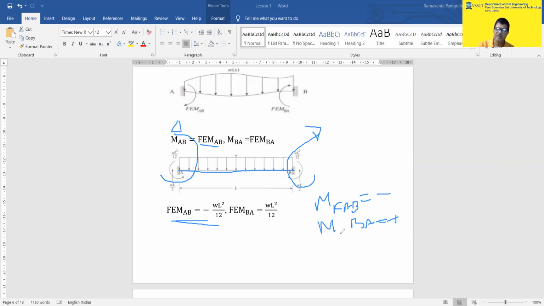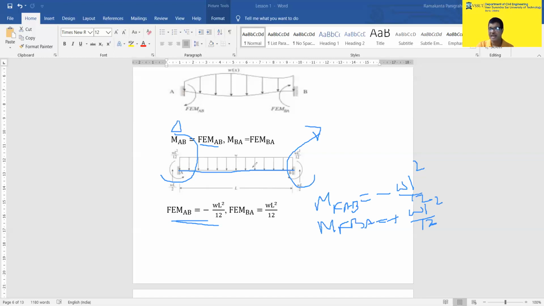It is not that you are randomly taking this positive and negative. So this is minus WL square by 12. This is plus WL square by 12 because in both cases you will find the same moment. And this was already derived in case of fixed beams last class. So from the sign convention we are getting the fixed end moments due to the applied loads. It is only due to the applied loads, what is the fixed end moment.